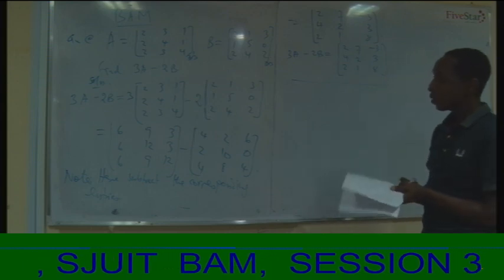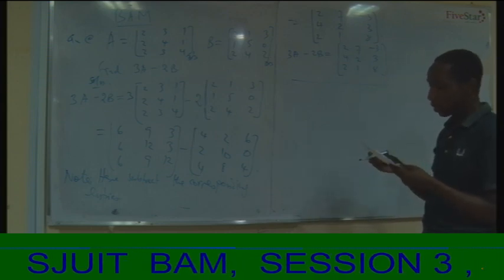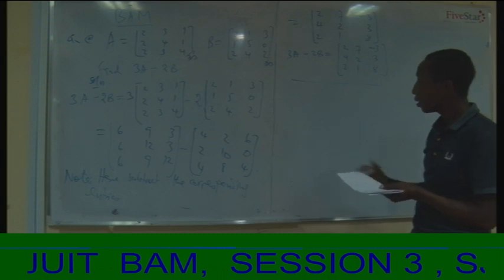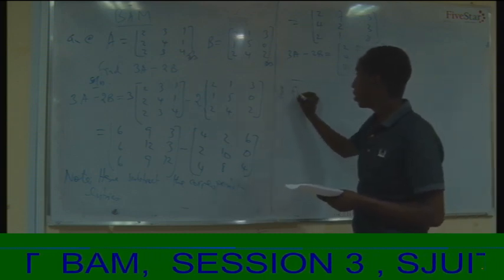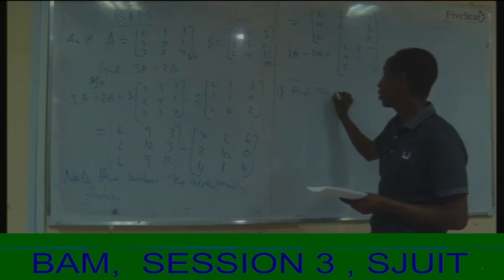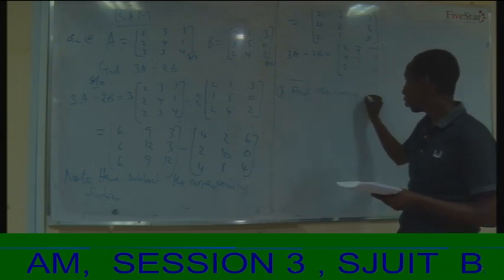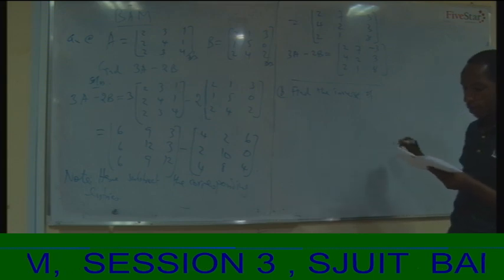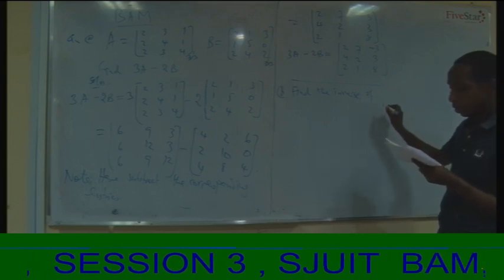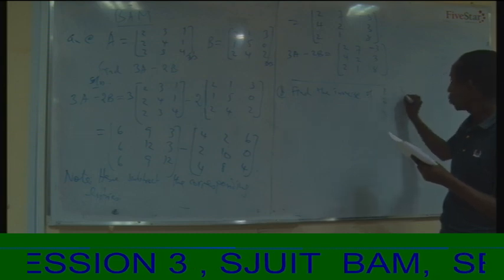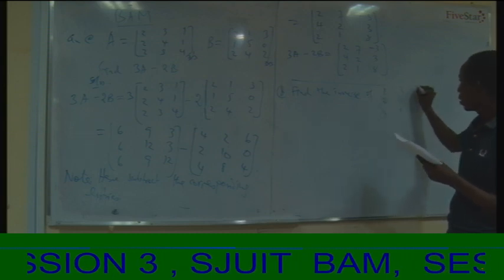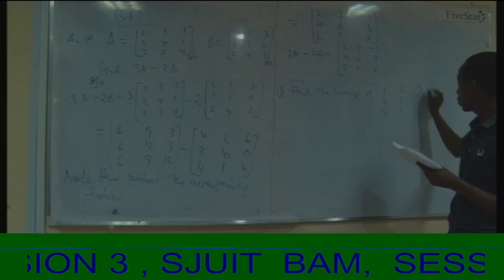The second part of this question is, we are given the 3 by 3 matrix B. The question is to find the inverse of the 3 by 3 matrix, which is given as 1, 2, 3, 2, 1, 1, 3, 1, negative 2.